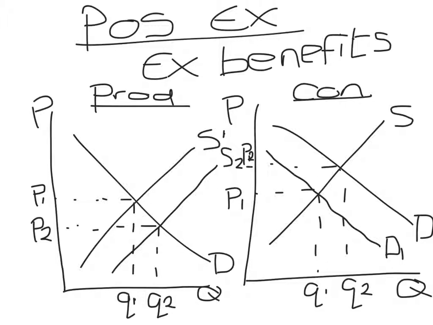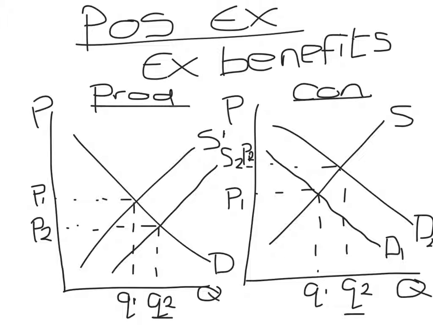So D1, D2, there, just falling off the page a little bit. And what we've got here is Q2 is on the outside this time on both of the diagrams, unlike the previous diagrams in negative externalities that I drew, when it was on the other side.